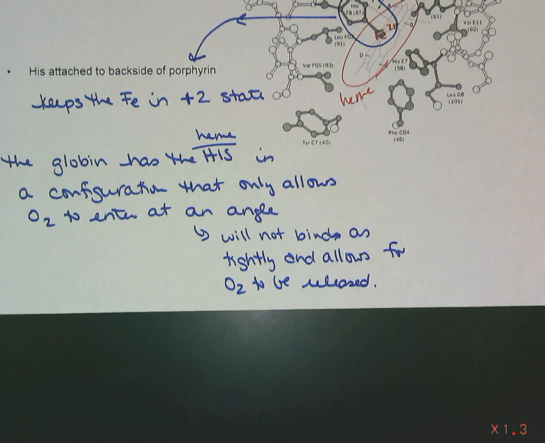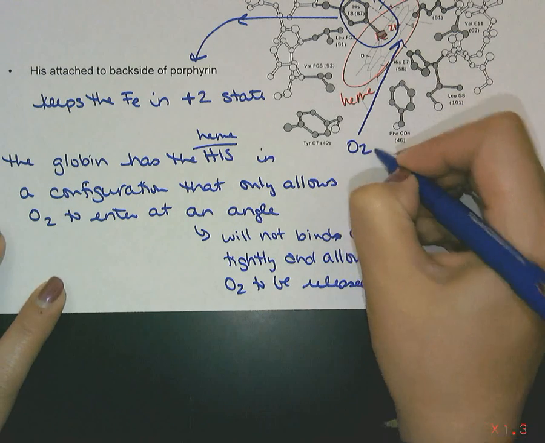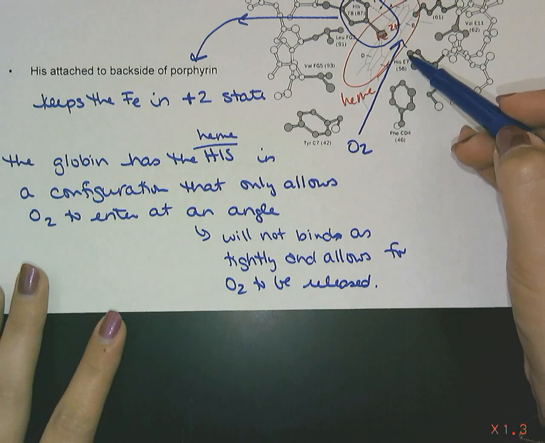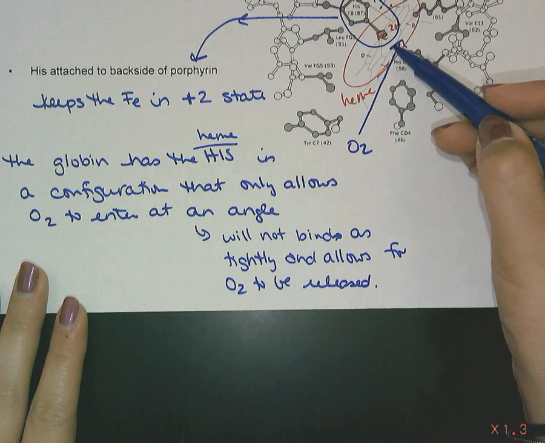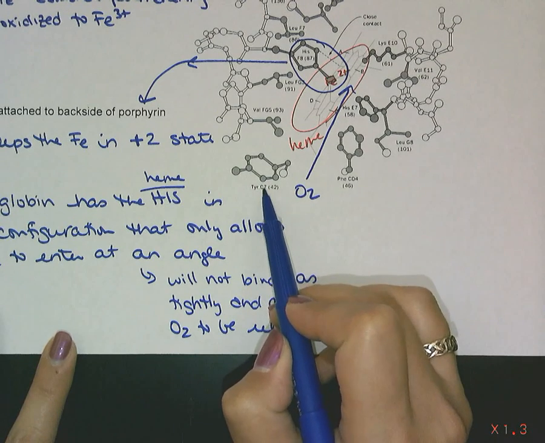Yes? An arrow where the oxygen is coming in. Sure. What are the other amino acids, like that one, right next to where the O2 is? Where is that attached? This histidine? I think it's tyrosine. This guy? The one that's kind of floating free?